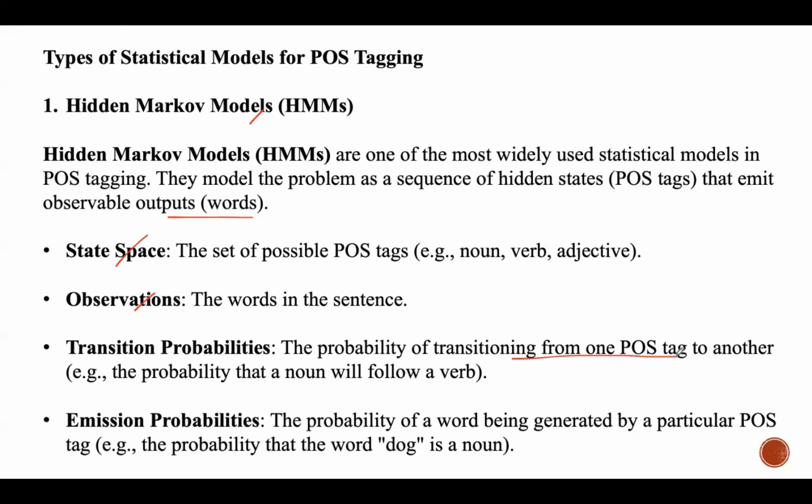Then emission probability, that means the probability of a word being associated with a specific tag. Here the model computes the most probable sequence of tags given a sequence of words, and this can be done using the Viterbi algorithm, which is a dynamic programming algorithm for finding the most probable path in an HMM.